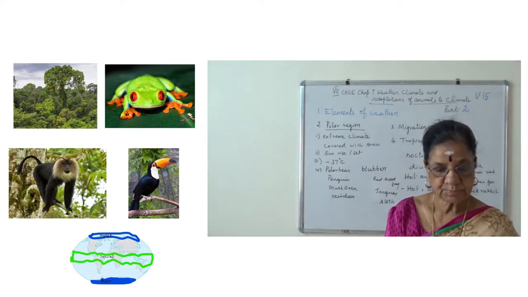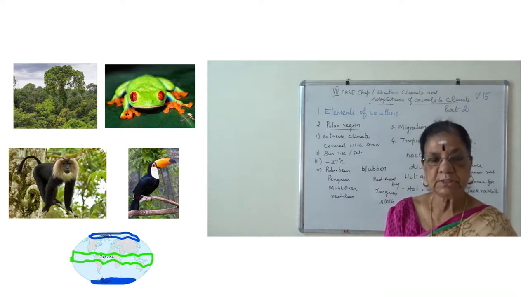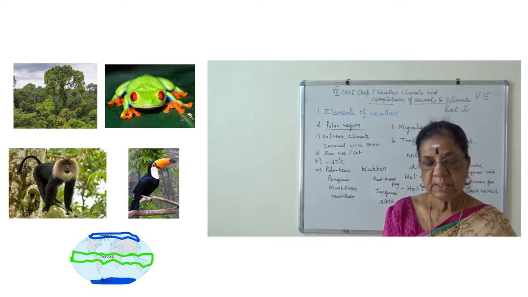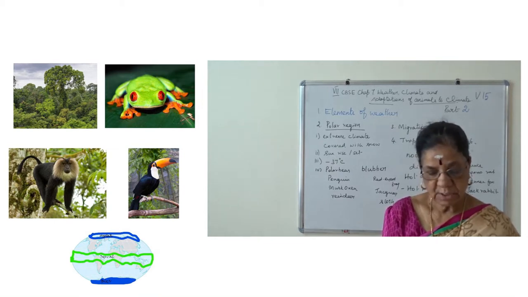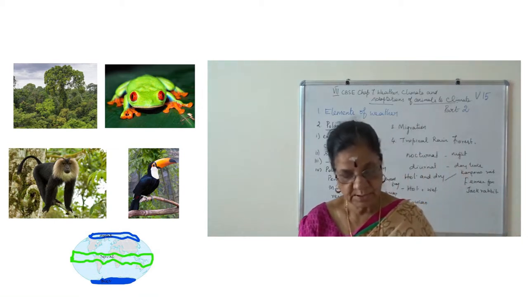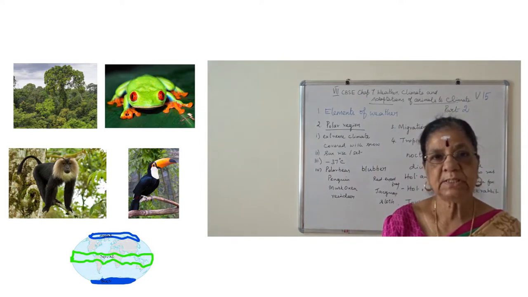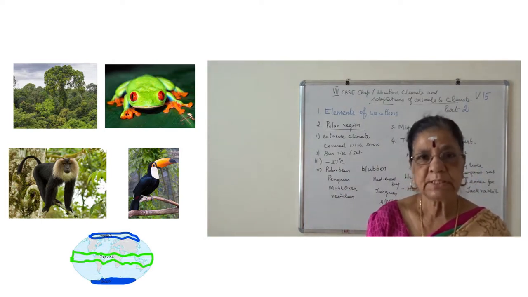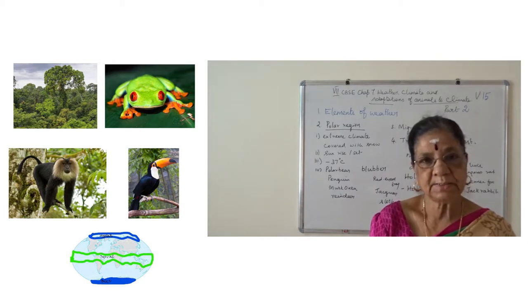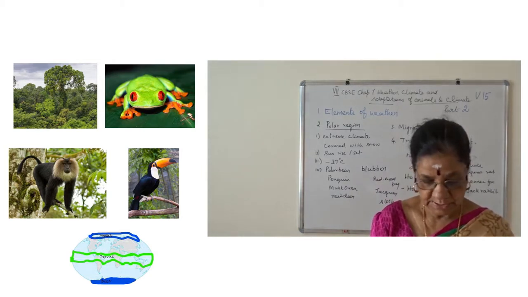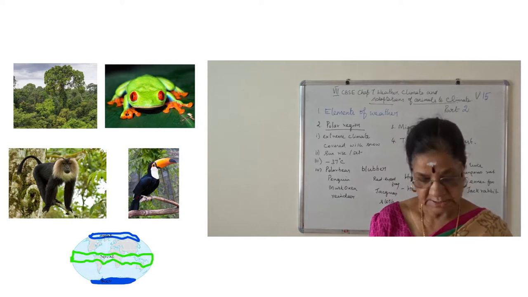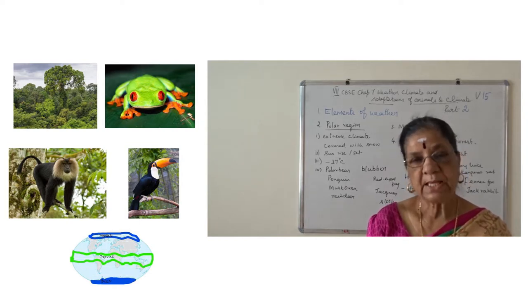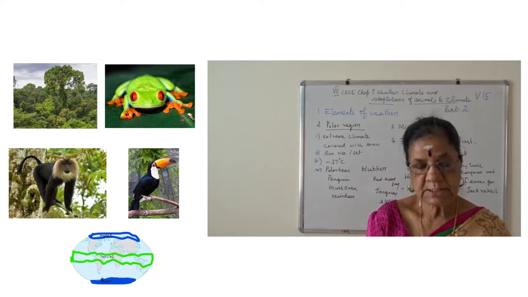As tropical regions are located near the equator, tropical rainforests have warm and wet climate and receive heavy rainfall. They are home to a wide variety of plants and animals. Here, monkey, lizard, snake, jaguar, elephant, and many varieties of birds and insects.